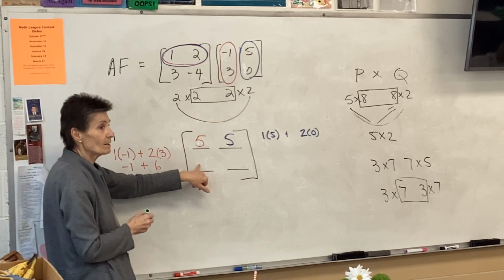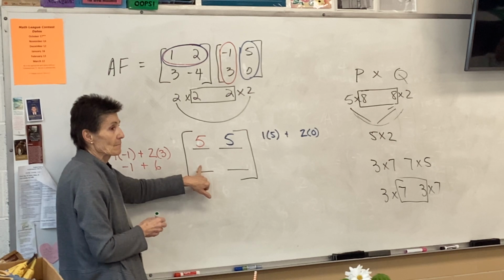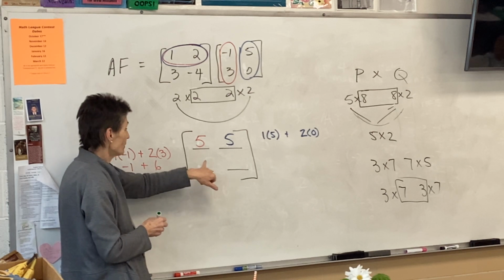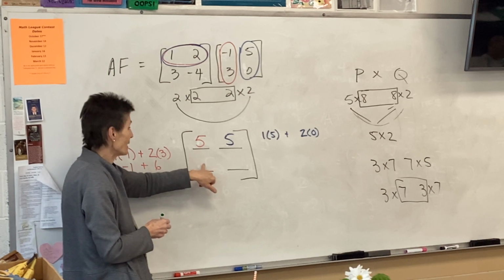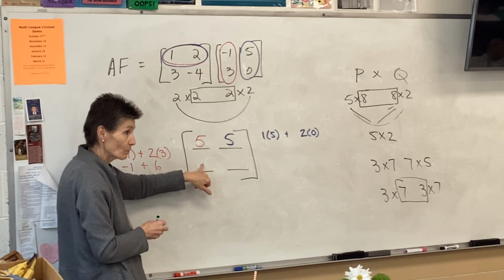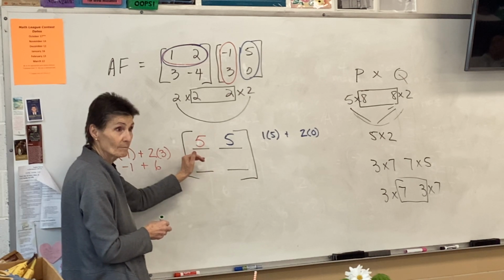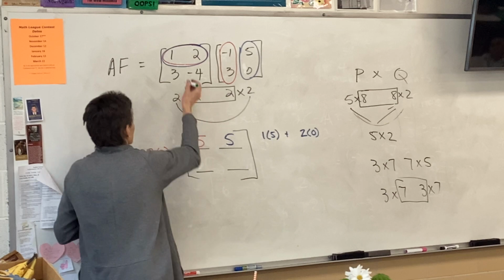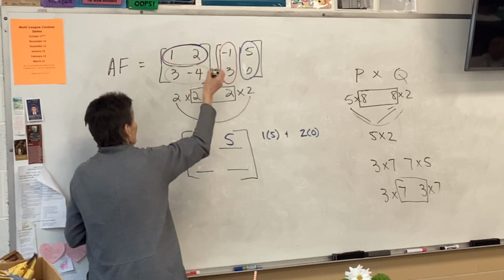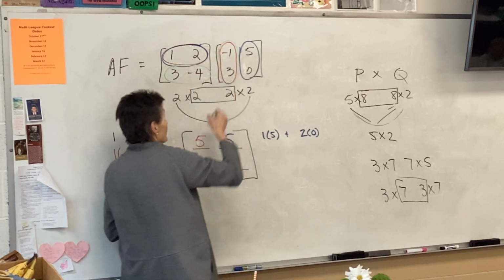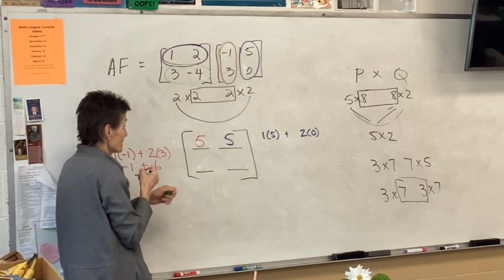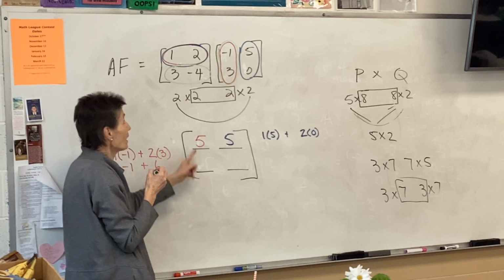Now, moving to here. Alright, where am I here? Second row, first column. So second row, first column, looking at the green now. Second row, first column.